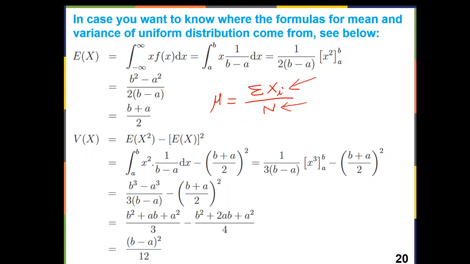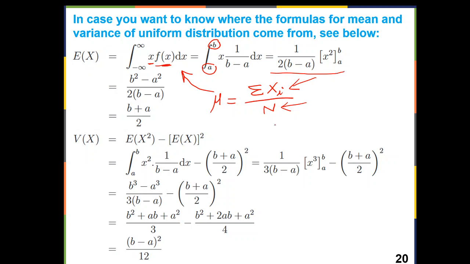Instead of using this formula, we take each x and multiply it by f of x, and then we go from a to b and find the area when you multiply that, and in calculus we get that.